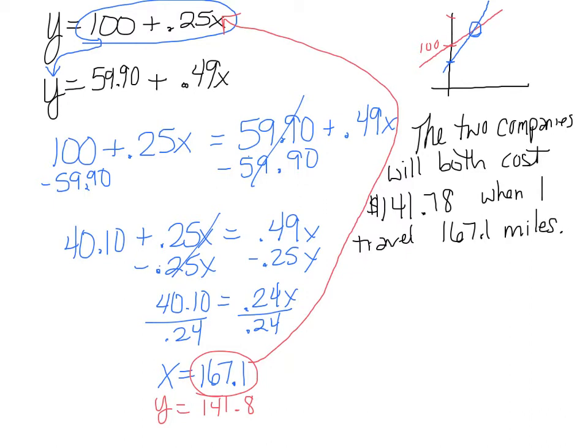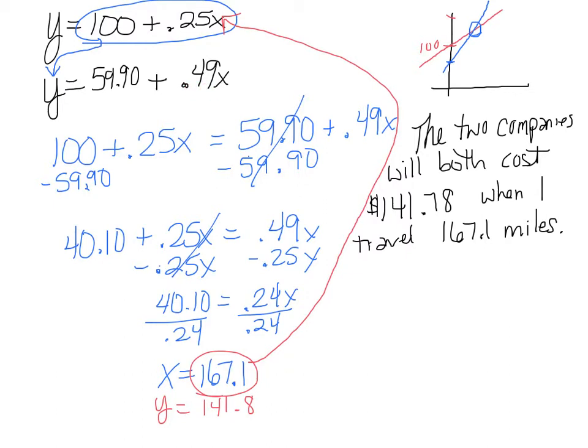So which one should I use? Well, I know that my cutoff is 167.1 miles. And so anytime that my mileage is less than that, that's going to be this part here, I should be using that second equation, this one here, because the mileage is expensive, but I'm not going very far.